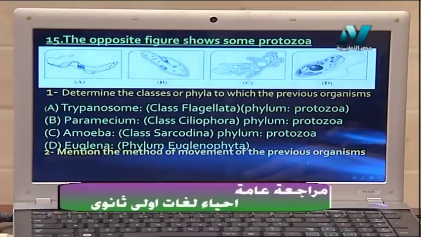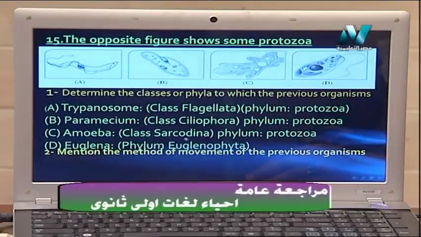Again, Trypanosoma, Paramecium, Amoeba, and Euglena. Trypanosoma related to the class Flagellata, of course phylum Protozoa. Paramecium related to Ciliophora, phylum Protozoa.